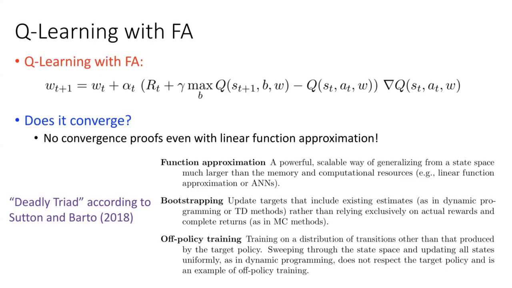So Sutton and Barto, who are the authors of the seminal reinforcement learning textbook in this area, call this the deadly triad. So what is really happening? In this Q learning with function approximation, it can be linear function approximation or kernel or a neural network, we are using three important ideas.